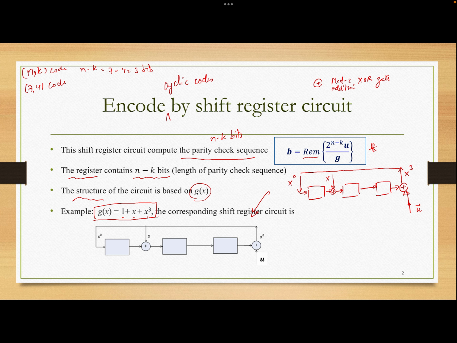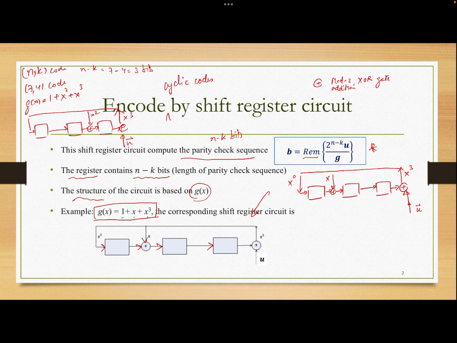For example, if I use g(x) equal to 1 plus x squared plus x cubed instead, it will look like this: 1, we don't have x, we have x squared, we have x cubed, and then we have u coming up from below. This is the arrow here. Again, be careful of the arrow direction.